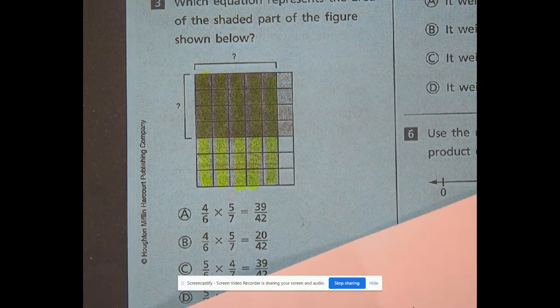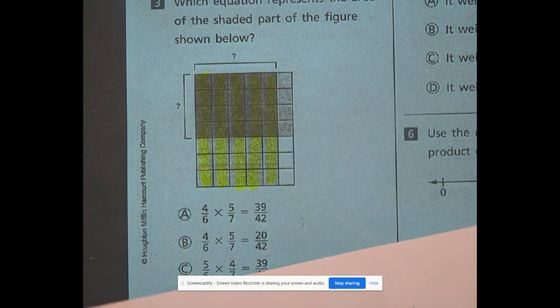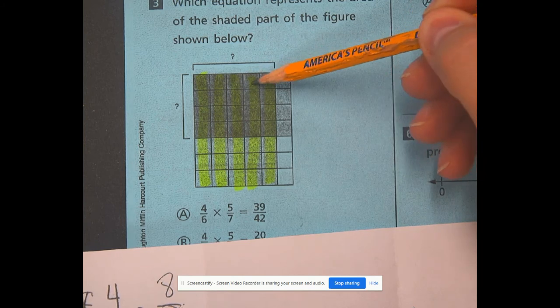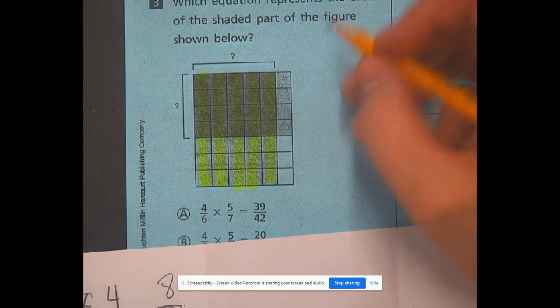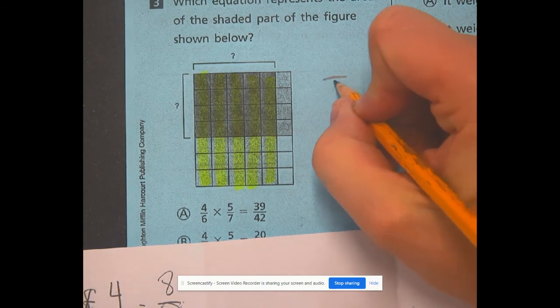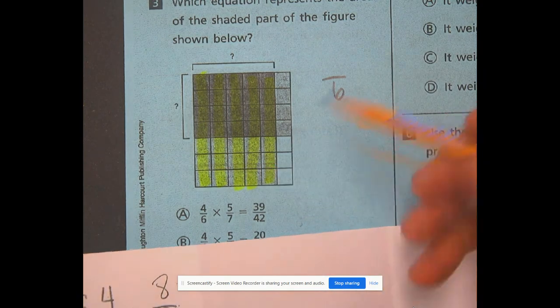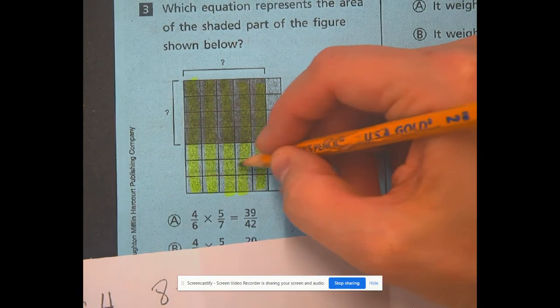Okay, so then I can see what it was first cut into. What was it first cut into? It is in columns, but how many columns? 6. So I know one of them has 6. Well, how many are highlighted of the 6? 1, 2, 3, 4, 5.